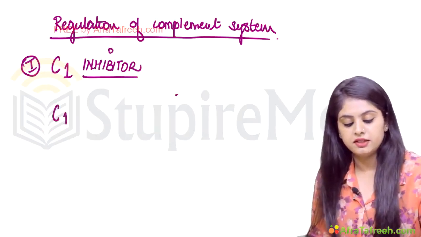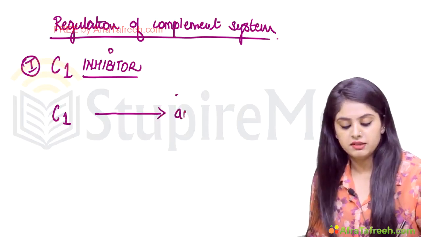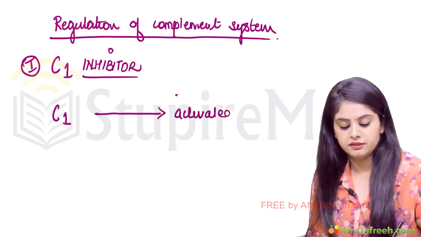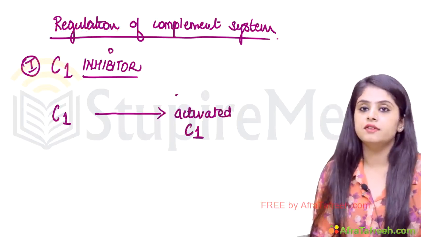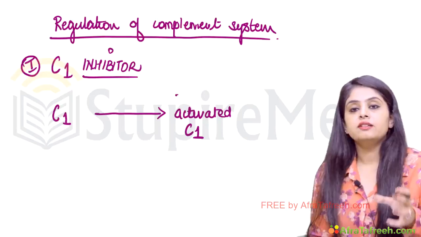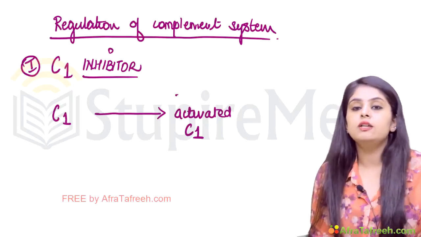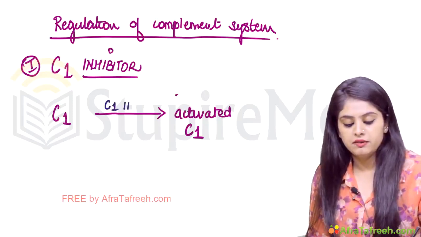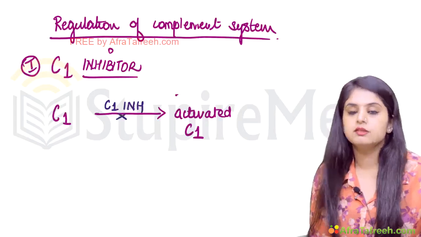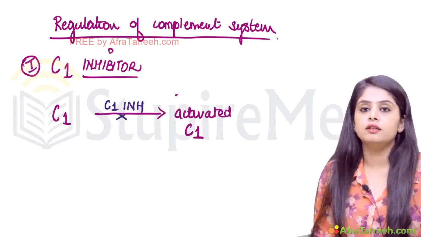That if this is C1, on activation it becomes activated C1, right? So there is an inhibitor which can stop this. When the body is not in need of activating the complement system, the C1 inhibitor will come and stop this step. Complement activation will not occur when it is not needed.